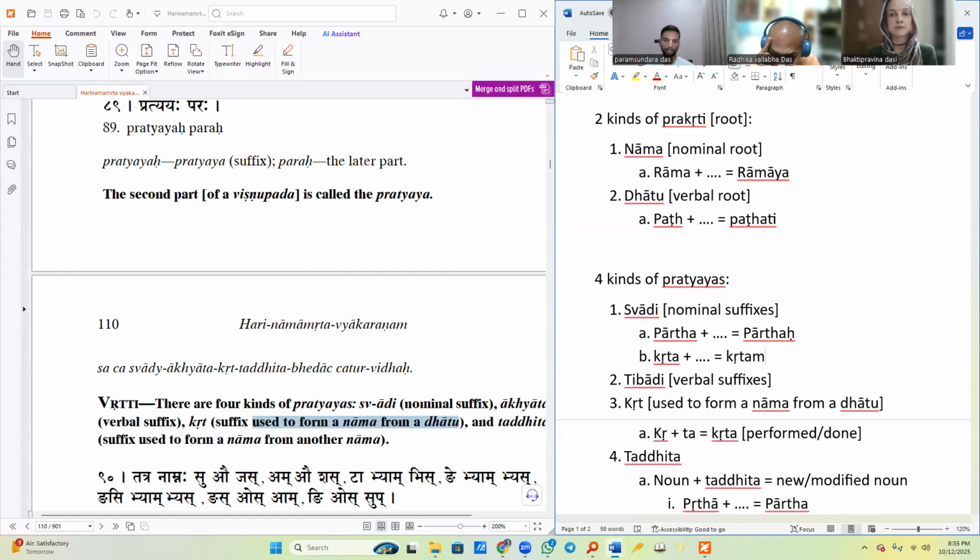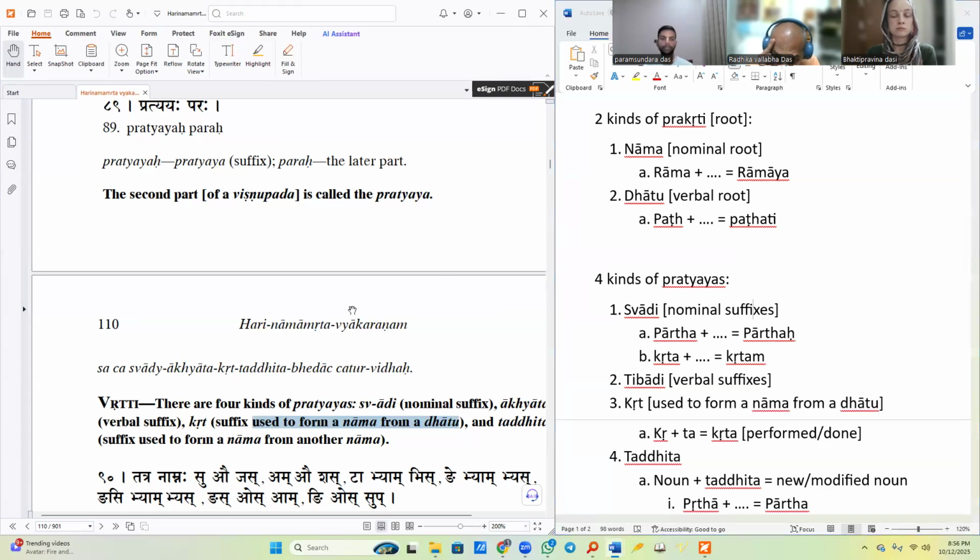So in chapter 2, we'll basically deal with the nominal roots and we will apply the nominal suffixes. This is what we will do in chapter 2. We will apply the nominal suffixes, the nominal pratyayas, with the nominal root.